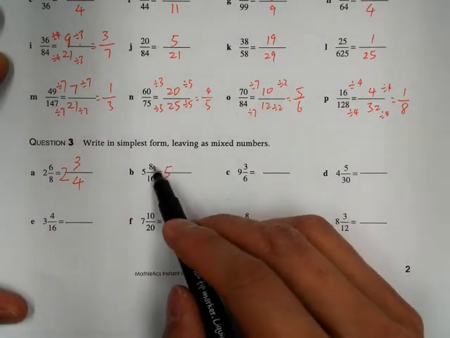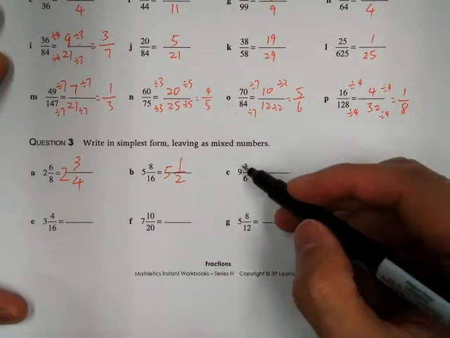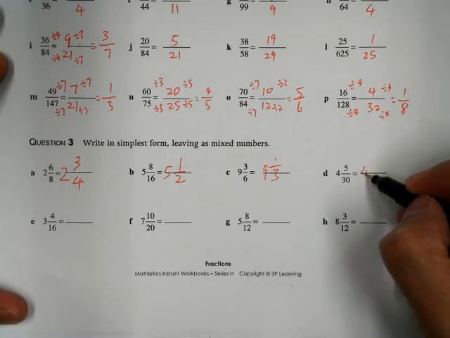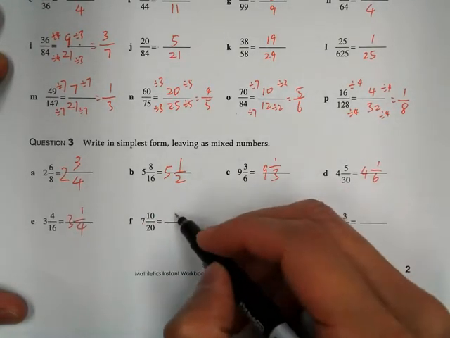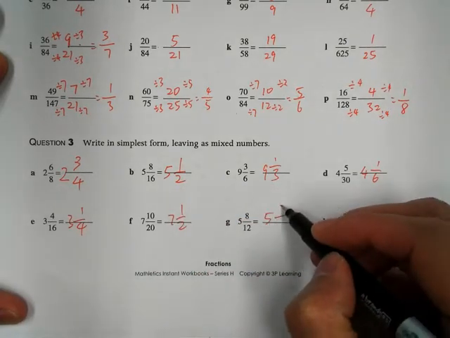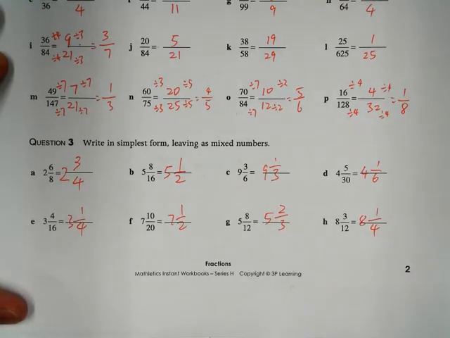We only worry about the 8/16, which becomes a half. So here we remain the whole number part and just worry about the fraction part. That's all for the second page, simplifying fractions.